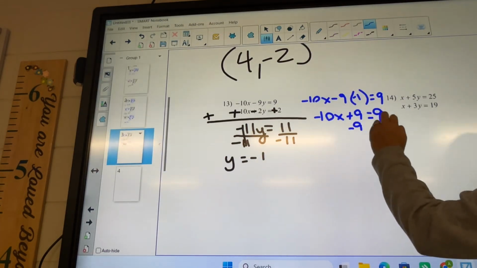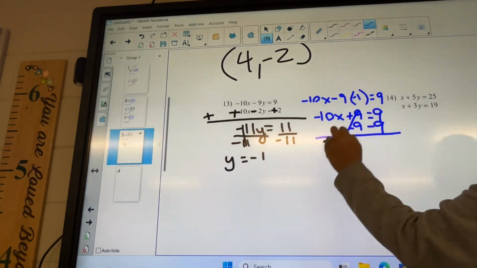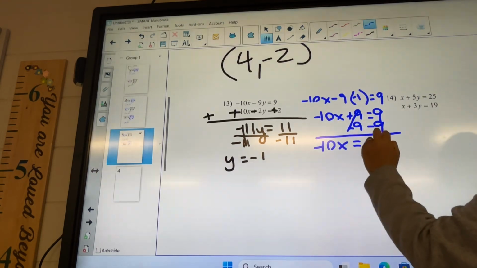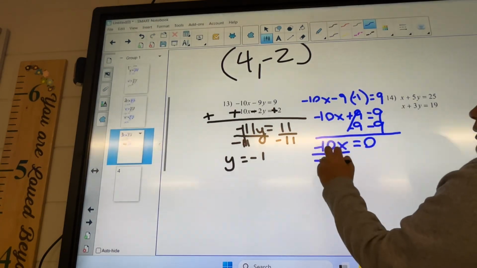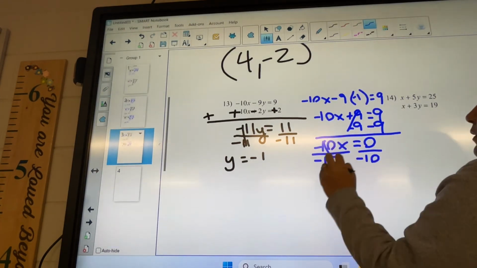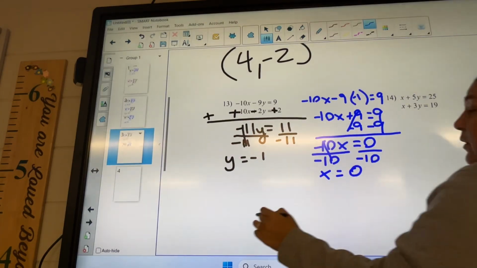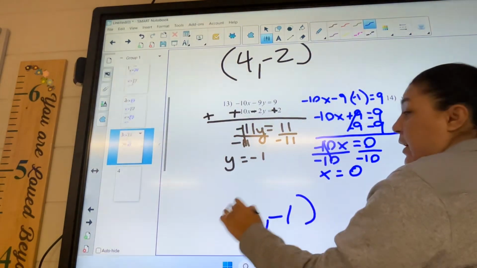We're going to subtract 9 from both sides, and I get negative 10x equals 0. And then I'm going to divide by negative 10. So I get x equals 0. So it's going to look like 0, comma, negative 1.